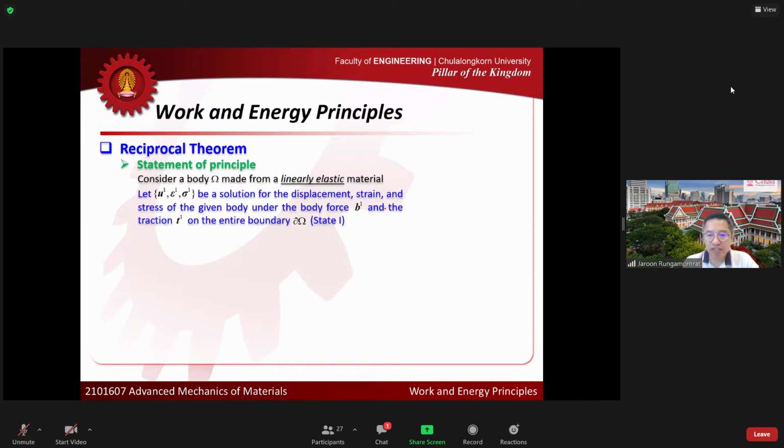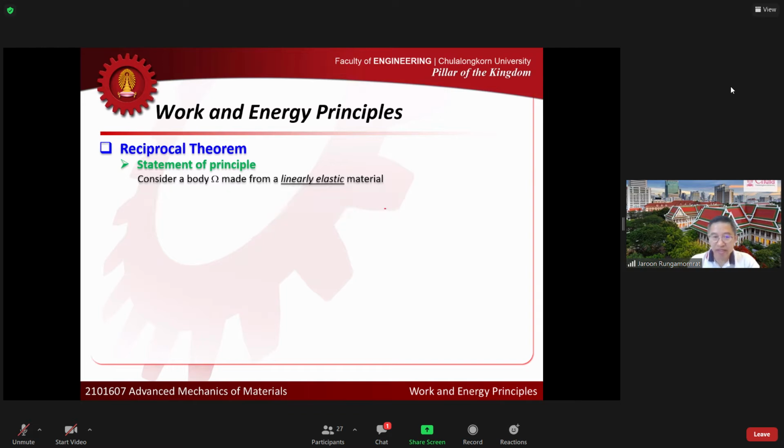For this theorem, we focus only on a body made of linear elastic material. This is the key point, and this is also the limitation of the theorem. The reciprocal theorem cannot be applied to a body made of nonlinear material.